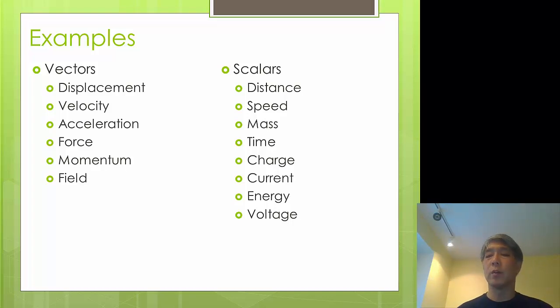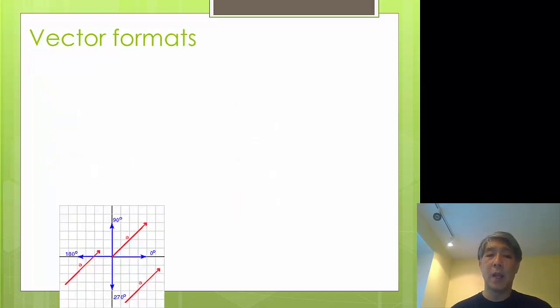Current is a little bit weird. Current does have a direction in the sense of which way around a circuit my current is going, but we still consider it to be a scalar because it's not a true vector. Energy is another scalar that we have, as well as voltage. These are all values for which direction doesn't really make any sense.